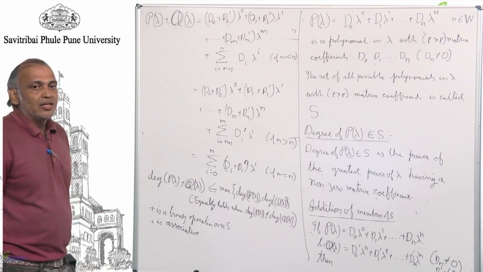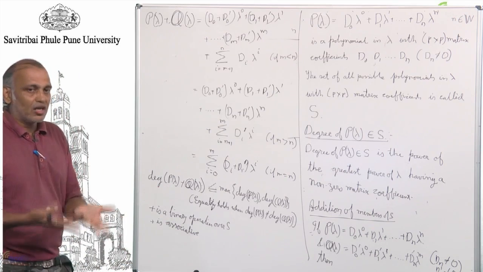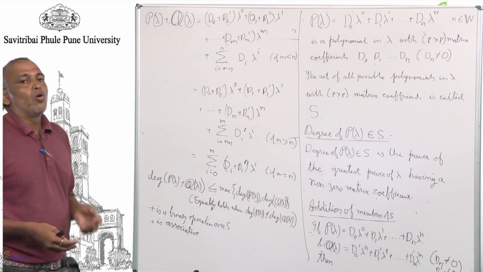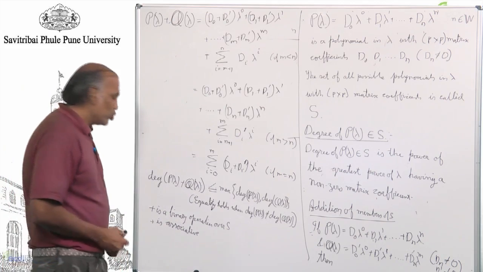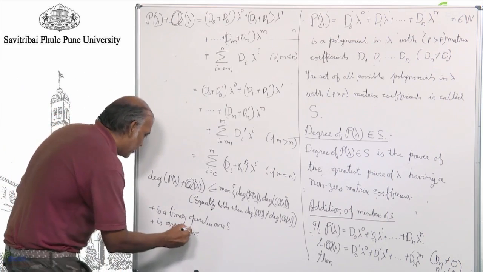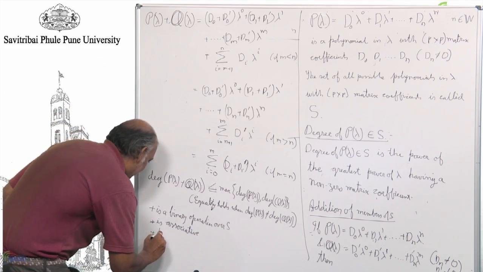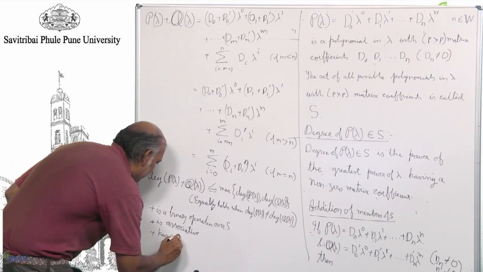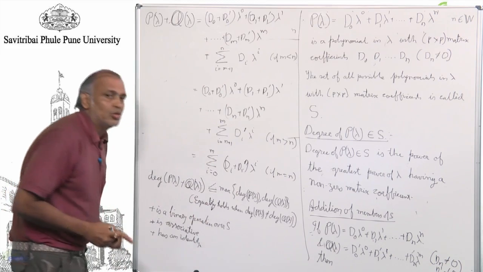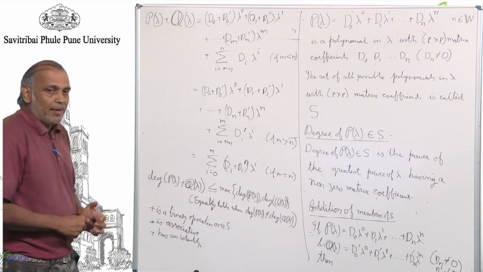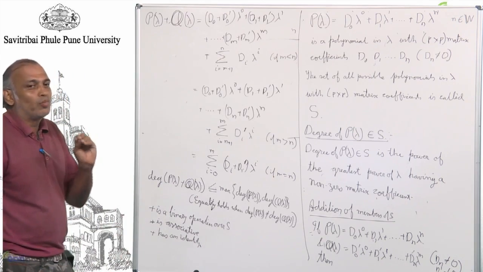Doesn't matter, the result would be the same irrespective of what members they are of the set S. So such an operation is said to be associative. Plus has an identity, that means a member of S which when added to any p of lambda in S would produce the same p of lambda back. That would be the zero polynomial.